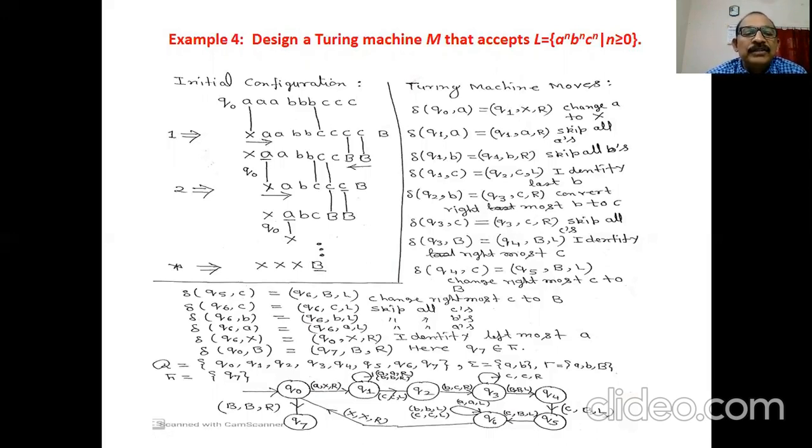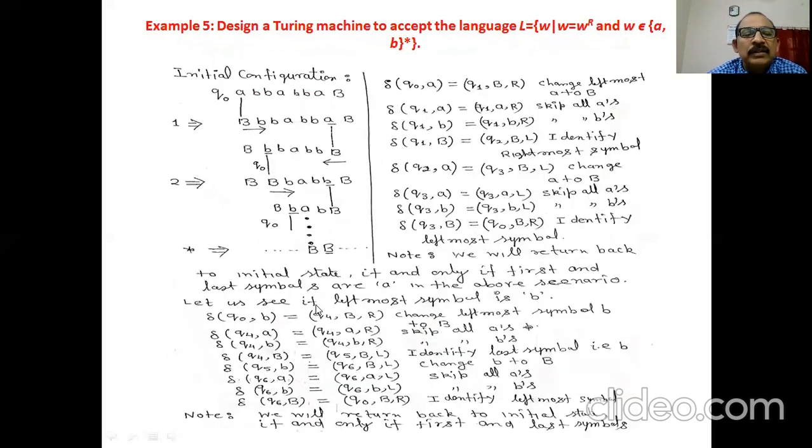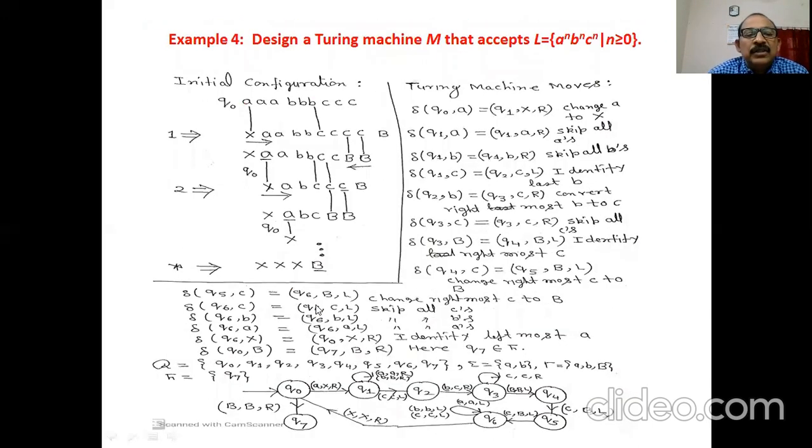Now the next step is we want to skip C's, all B's and all A's. With the help of these three transition functions, we do these activities. Machine in state Q6, input is C, machine remains in the same state, replaces C by C and moves in the left direction. B moves in the left direction, A moves in the left direction.